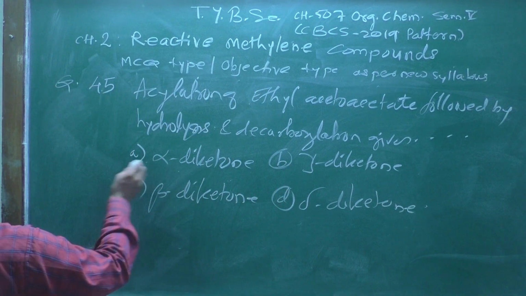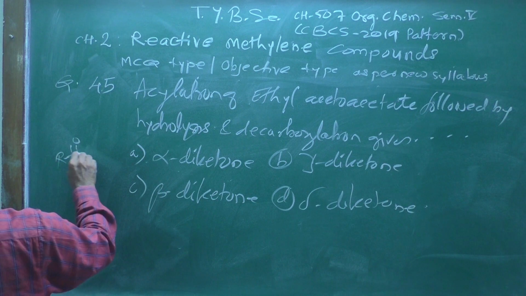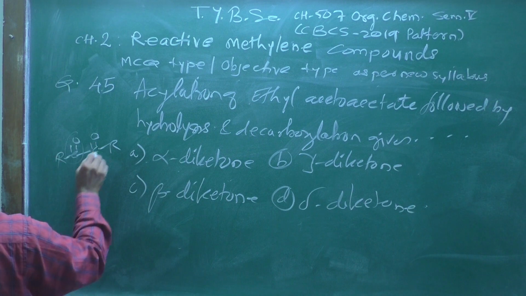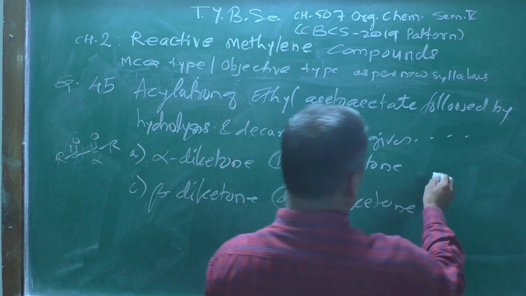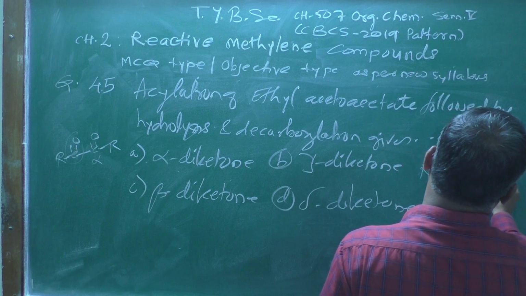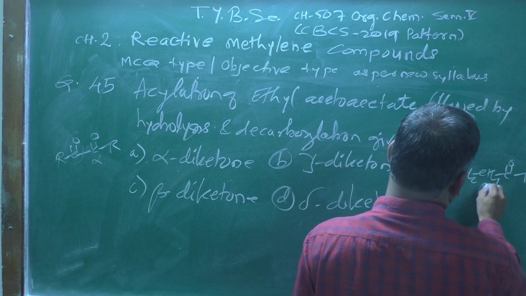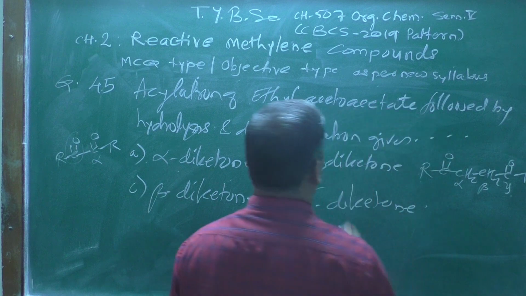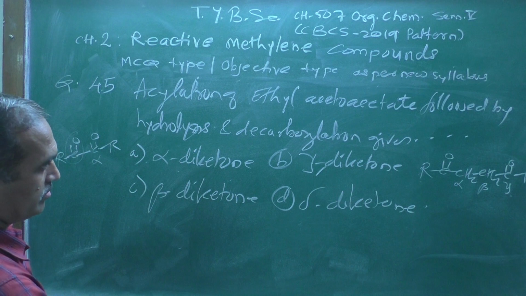The structure of alpha diketone will be R C double bond O, then C double bond O R. I am taking it as general. This is a carbonyl group, and the adjacent position is known as alpha, so this is alpha diketone. Gamma diketone: once again R C double bond O, then CH2 CH2 C double bond O R. These would be alpha, beta and gamma. At the gamma position a carbonyl group is there, and therefore that is a gamma diketone.